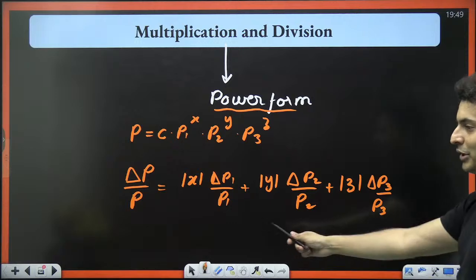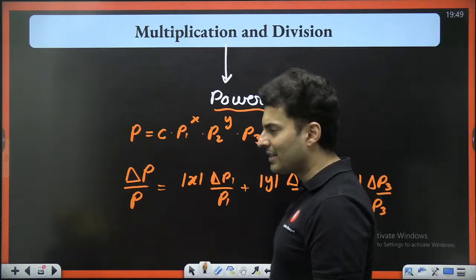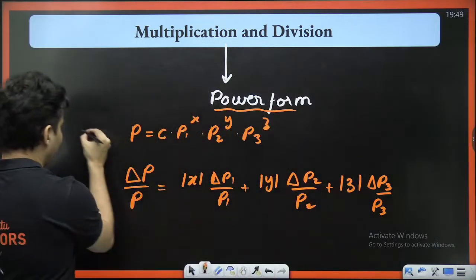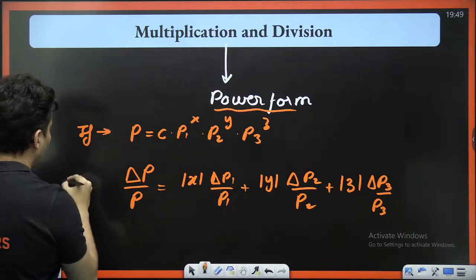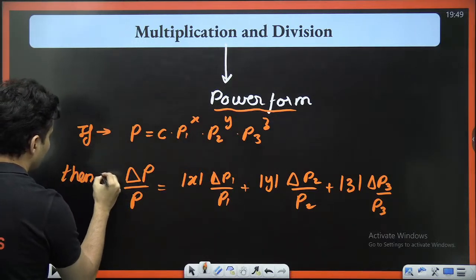That's what it is. So this is the power formula. As simple as that. If this is true, then this is true.